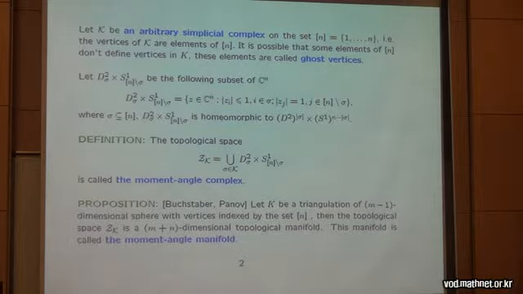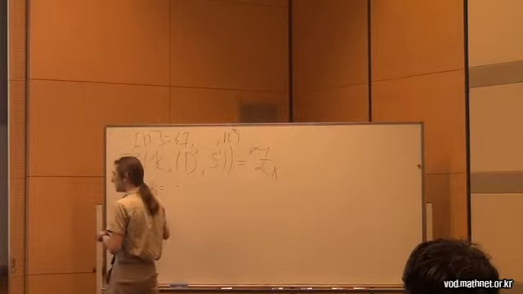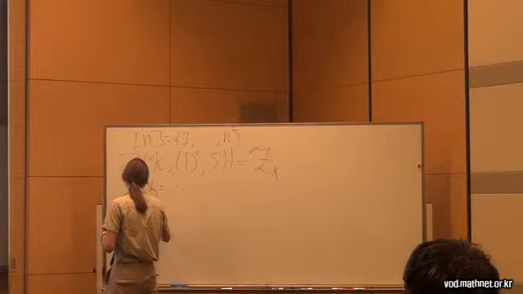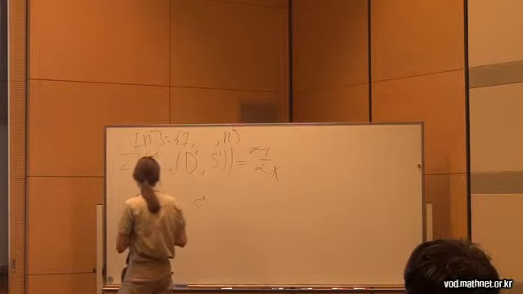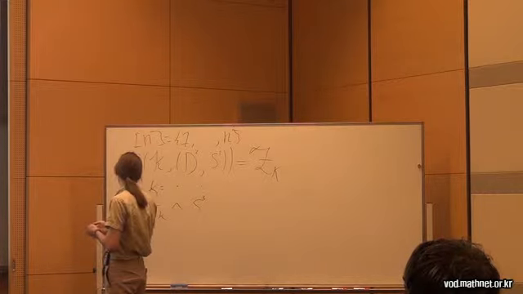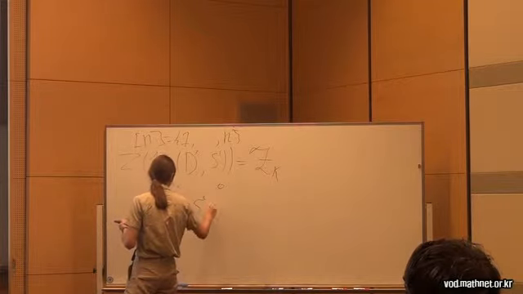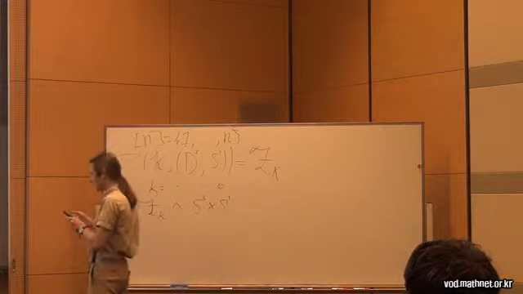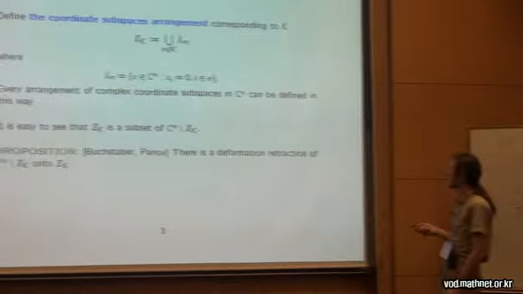For example, if K is just two points, then Z_K is the three-dimensional sphere. And if it is three points plus a ghost vertex, then it's the three-dimensional sphere times the one-dimensional sphere. Okay, it's simple.